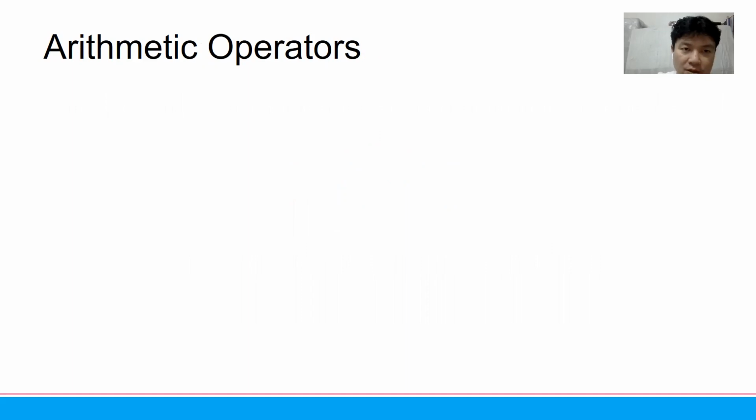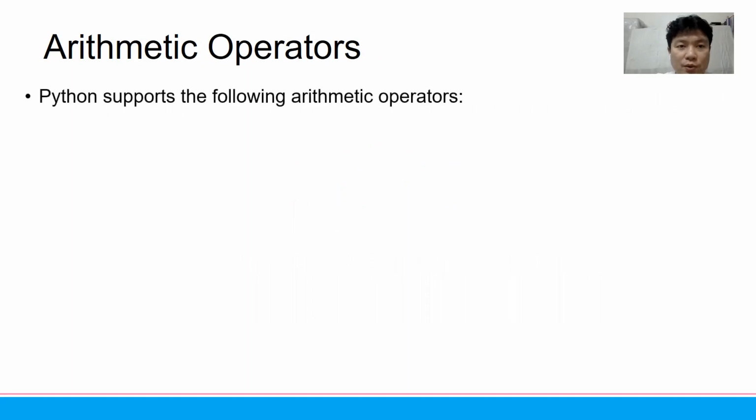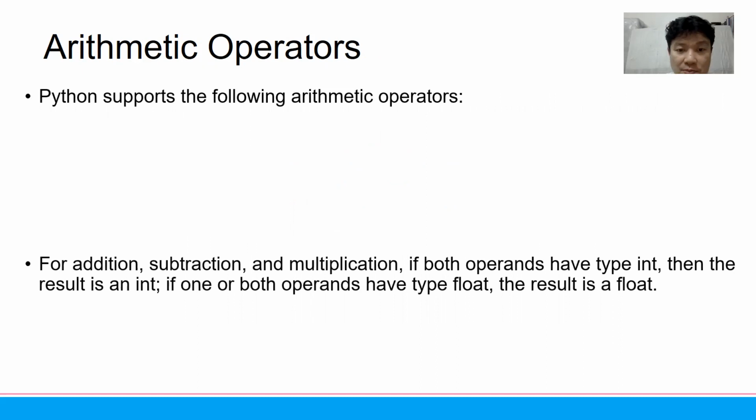For the arithmetic operators, you may know some basic operations like addition, subtraction, multiplication. It depends on the operands. If both operands have type integer, then the result will be integer. If one or both operands have a float type, then the result will be float.